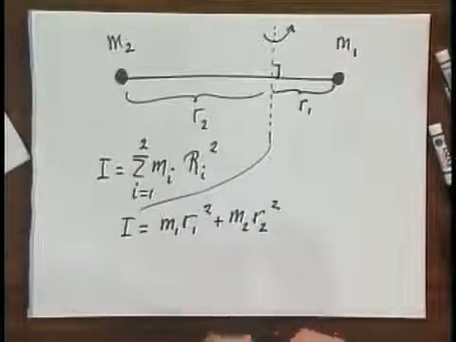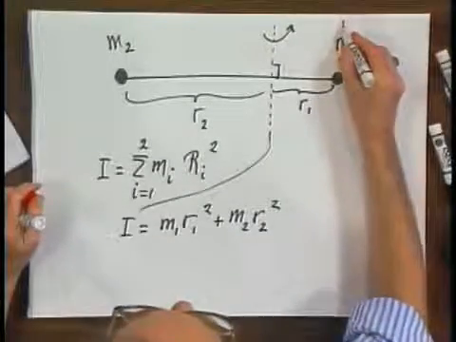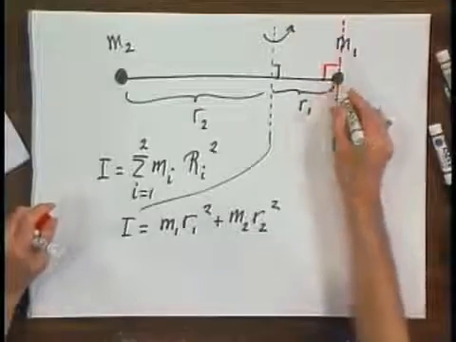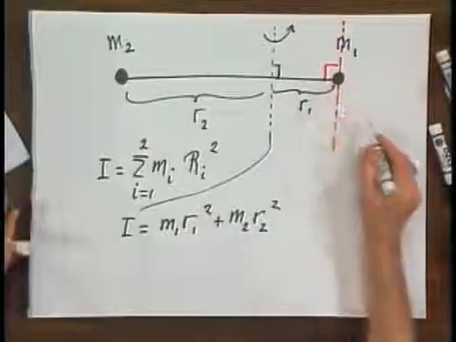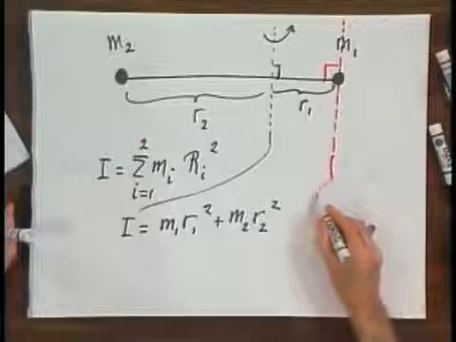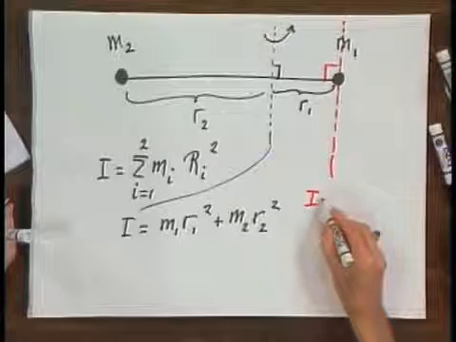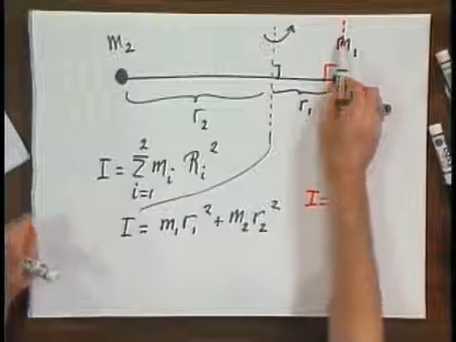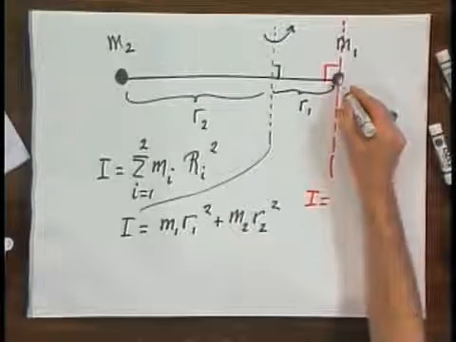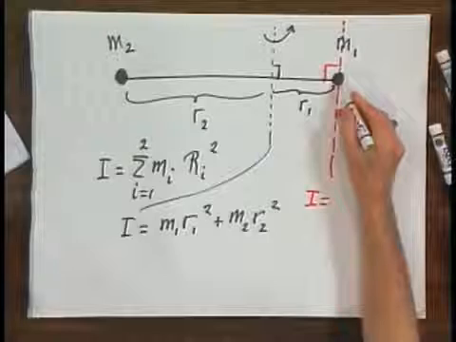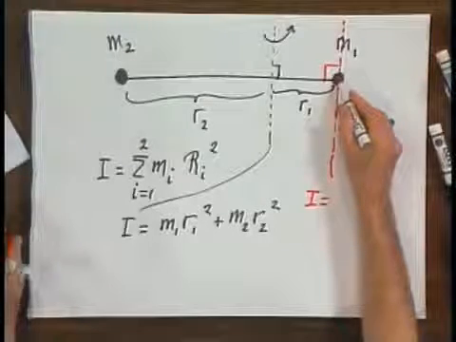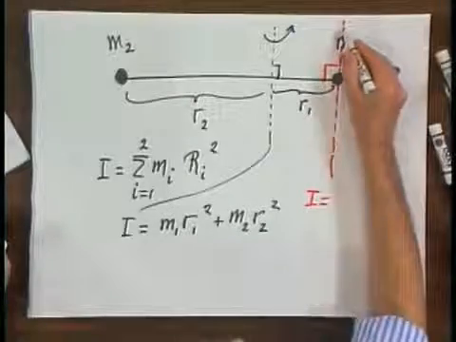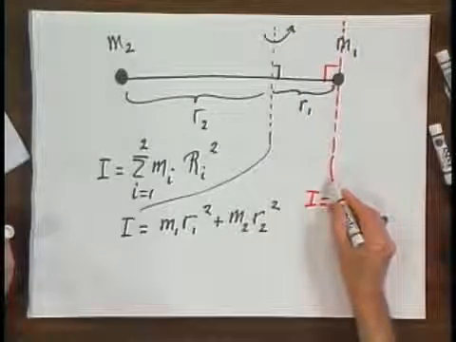Now imagine that I rotate this system about this axis, again perpendicular to the direction that connects the 2 masses. Now I want to know what the moment of inertia is about this axis. Well, since m1 has no size, r1 is now 0. There is no distance between this mass and this axis of rotation.